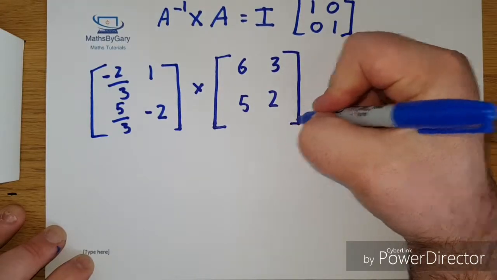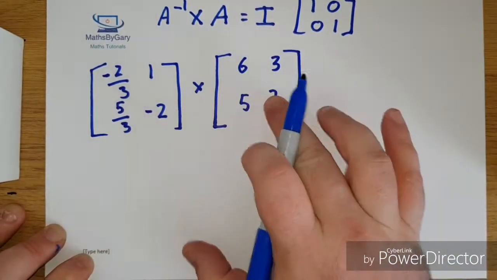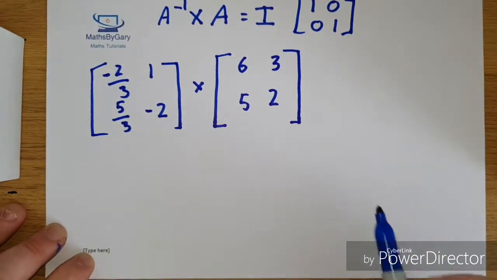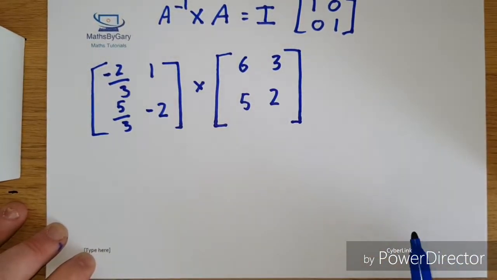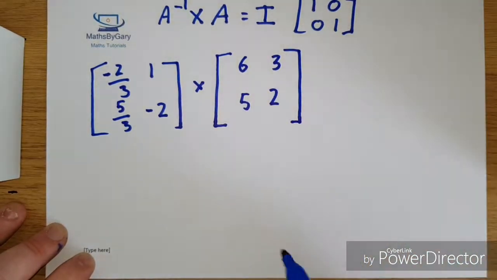We want to show that it equals 1, 0, 0, 1.